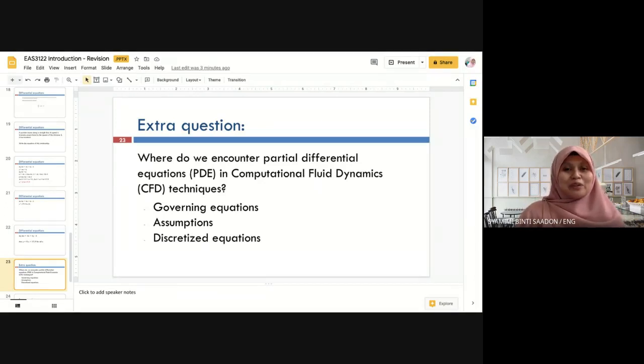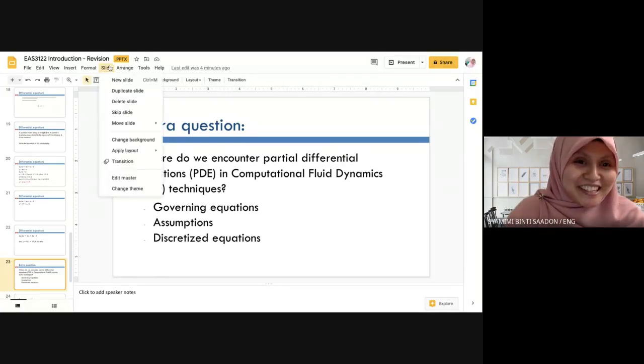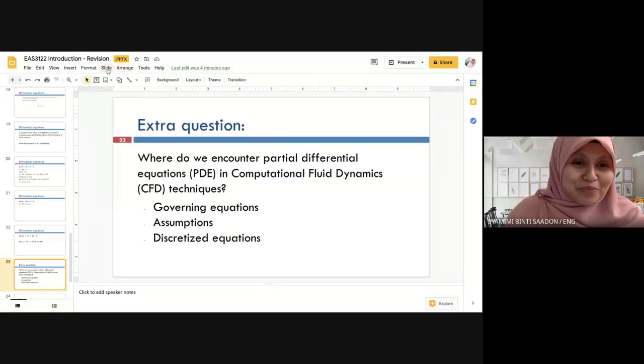What we are trying to do is search for the method that will achieve the best or the closest approach to the right solution.